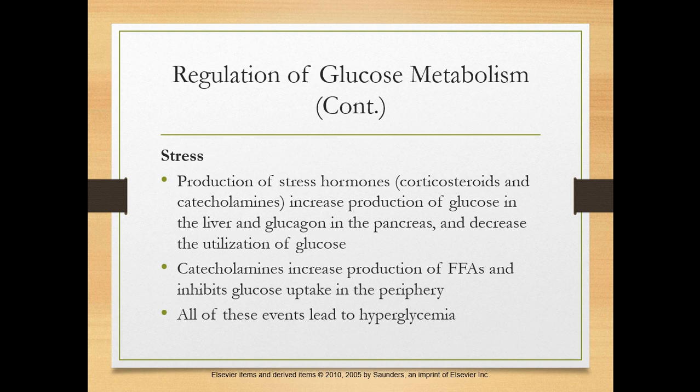And it decreases the utilization of glucose. Okay, so it will pretty much act as a sense where the body will kind of store it or try to prevent any further issues. So catecholamines increase the production of free fatty acids and inhibit glucose uptake in the periphery. All of these events can lead to hyperglycemia.